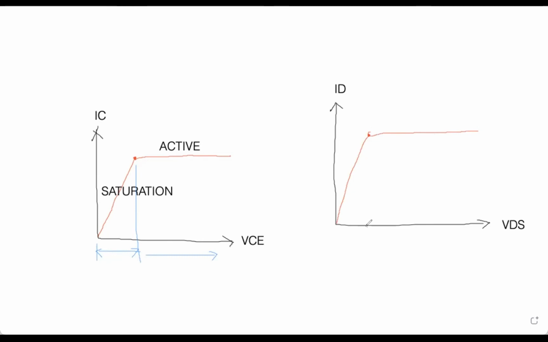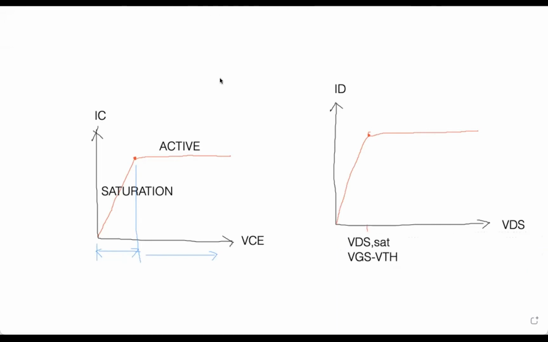That point is what we refer to as the saturation point. That is the VDS saturation, which is equal to VGS minus VTH. So that would be the point.